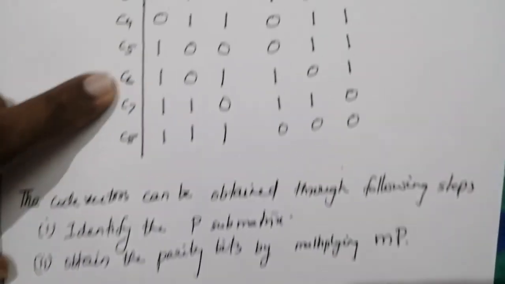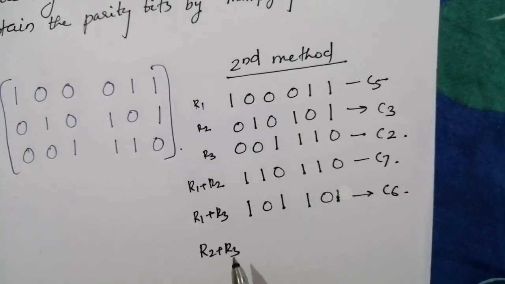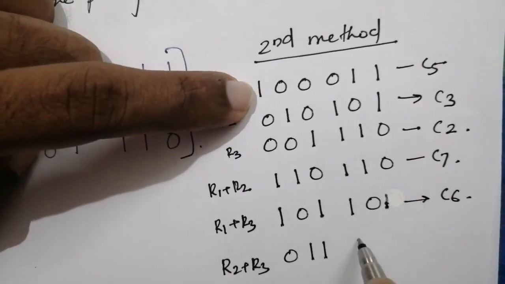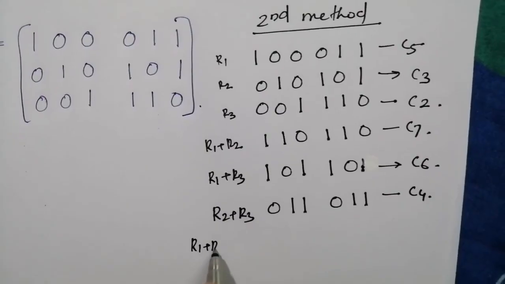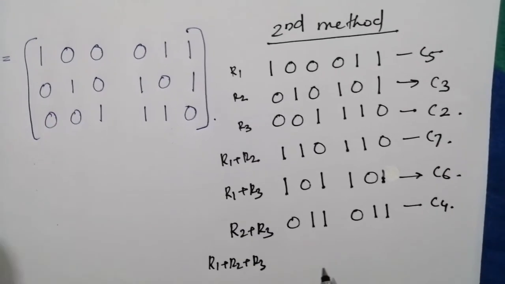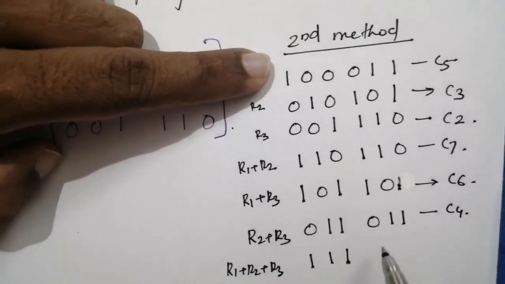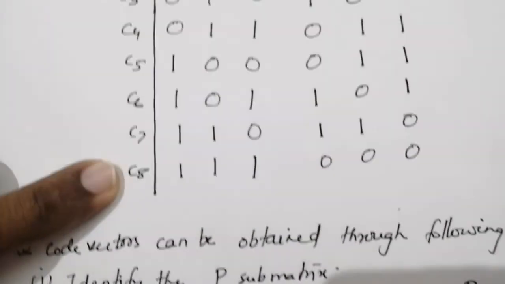This is C6. Then R2 plus R3 is 0 1 1 1 0 1. This is C4. Now R1 plus R2 plus R3 is 1 1 1 0 0 0. This is C8.